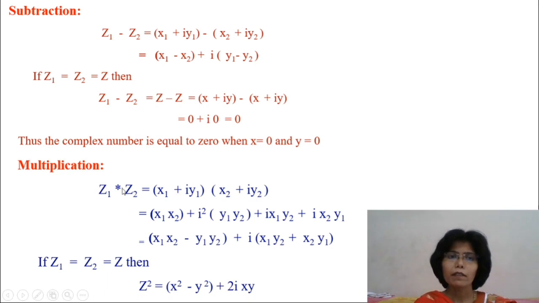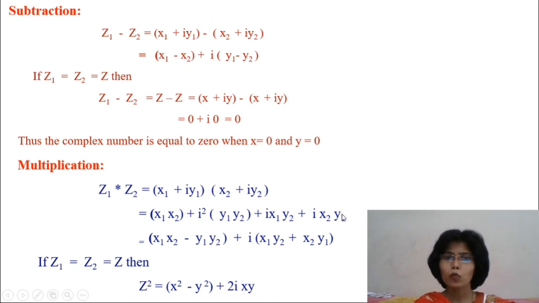As we know that z1 is x1 plus iy1 and z2 is equal to x2 plus iy2, then their product will be the product of the two real numbers, that is x1 x2, plus the product of these two imaginary terms, that is i square into y1 y2, plus x1 iy2 plus x2 iy1.